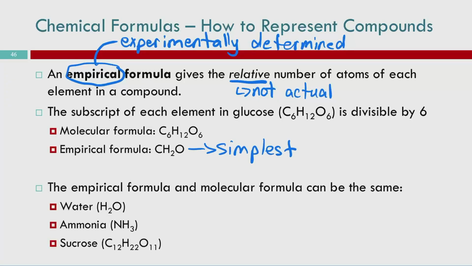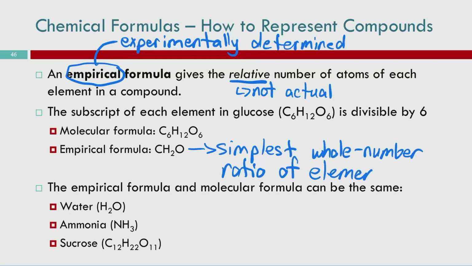This is our simplest whole number ratio of elements. That's why we divided by 6, so that we would get to the smallest possible numbers. So relative to each other, we have 1 carbon for every 2 hydrogens and every 1 oxygen.